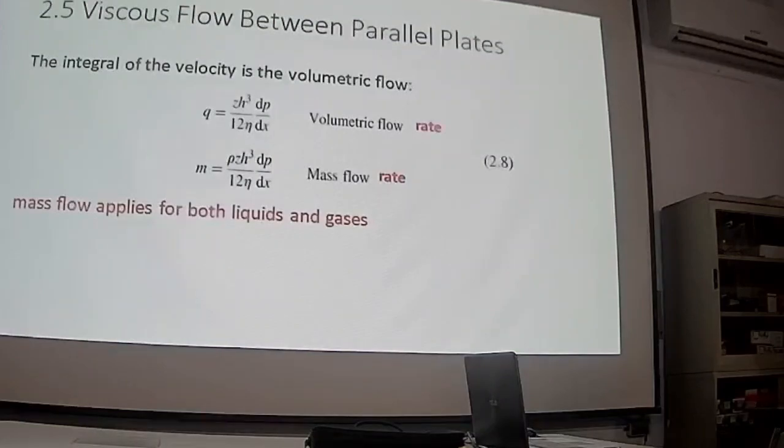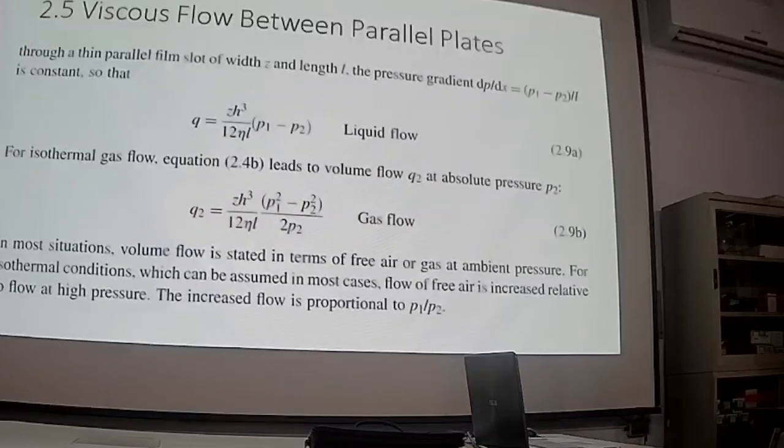So this gives you the first equation for your balance flow rate for one bearing. If you have several bearings, you can calculate individually and add together, right?